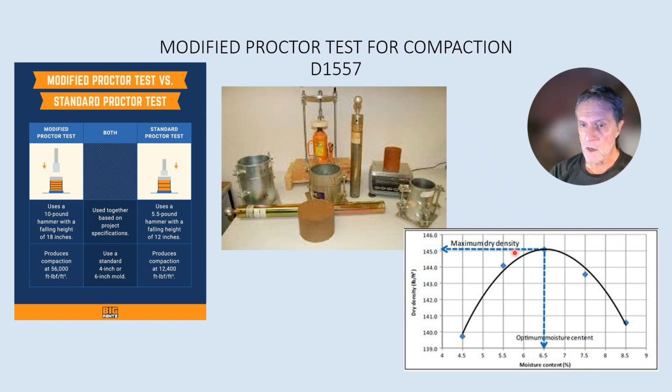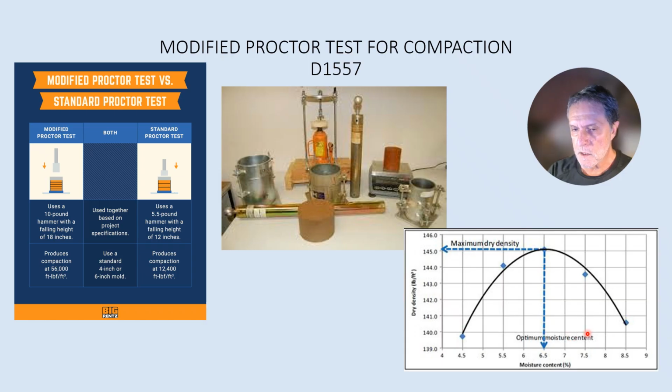So as you see from this curve, if you're on the dry side, here's a moisture content, 4.5% moisture, and you undergo the compaction testing, it's got a dry density of 140 pounds per cubic foot.